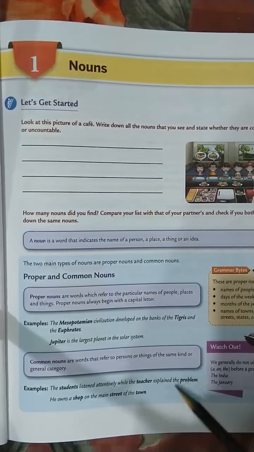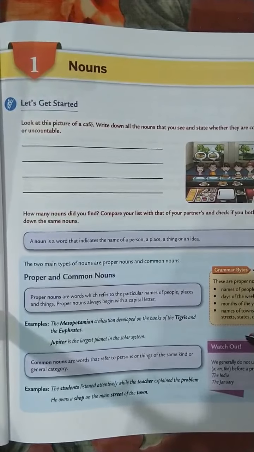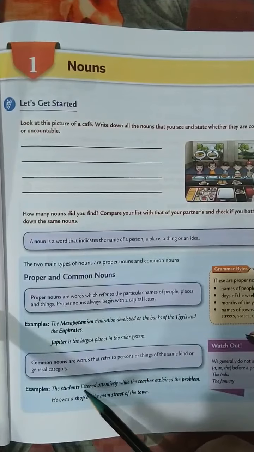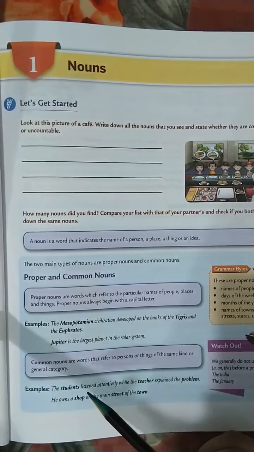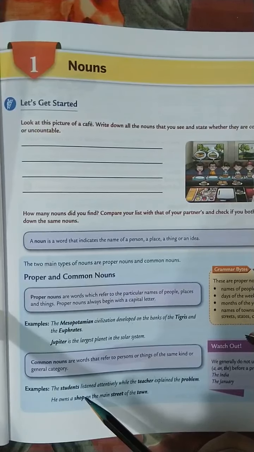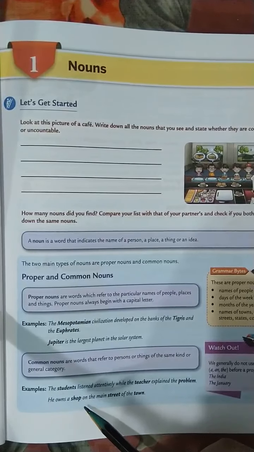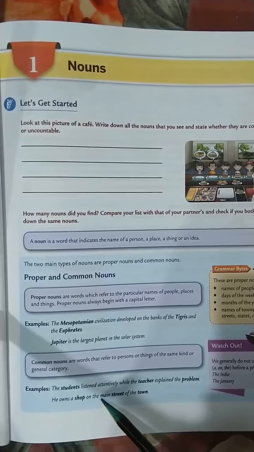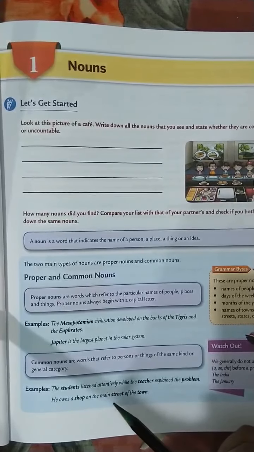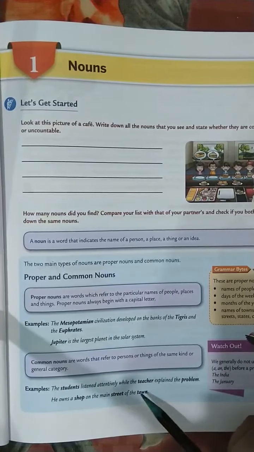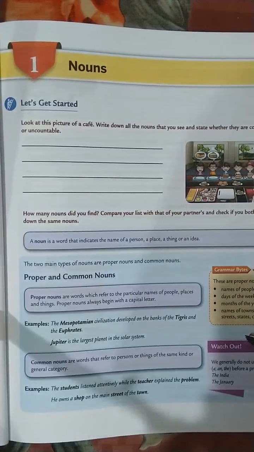Explain the problem. Problem is also common. Now another, he owns a shop. Shop is also common, not any particular shop. If we are talking about a particular one, we can say medical shop or any other electronic shop. So he owns a shop on the main street of the town. The street name is not written over here, so it is also general. Town is also general.